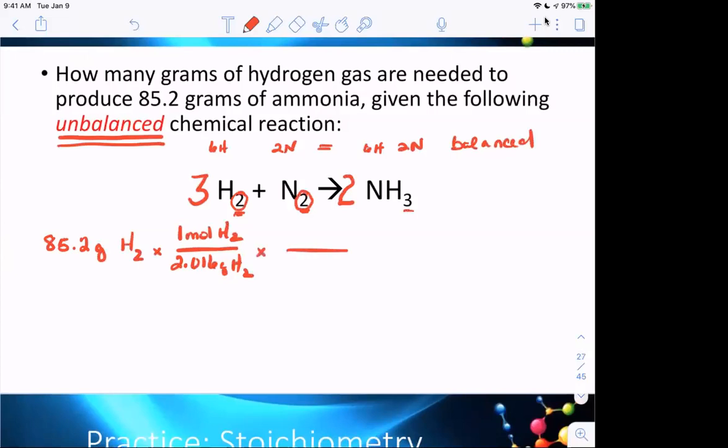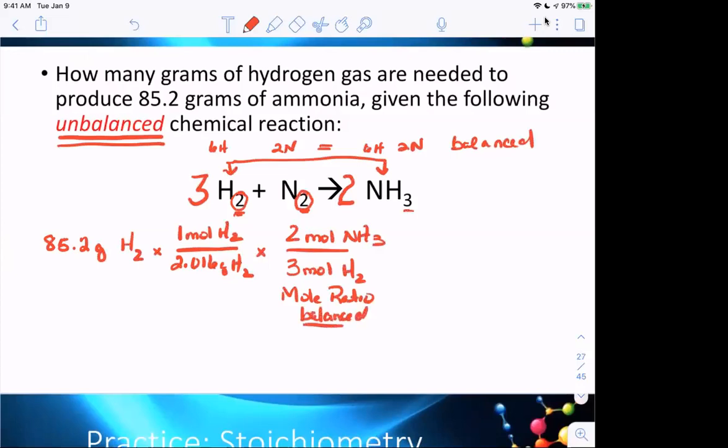I want to convert from moles of H2 to moles of ammonia. So I'm looking at the ratio between that. For every 3 moles of H2, I make 2 moles of ammonia. Remember, this is the mole ratio from my balanced chemical reaction.